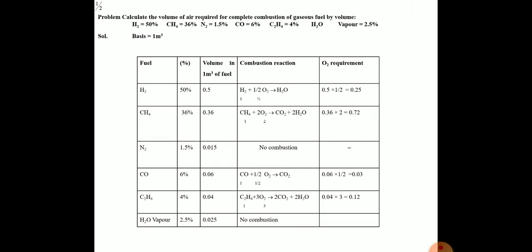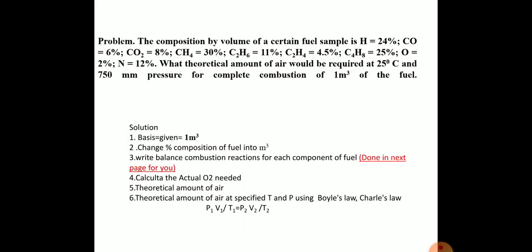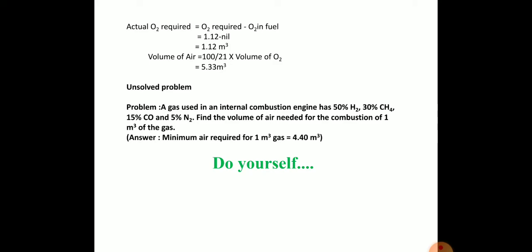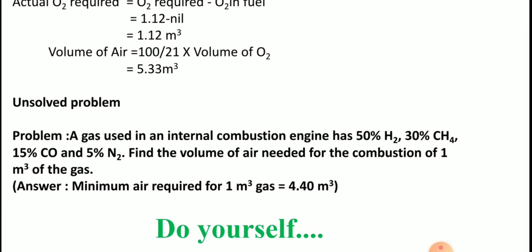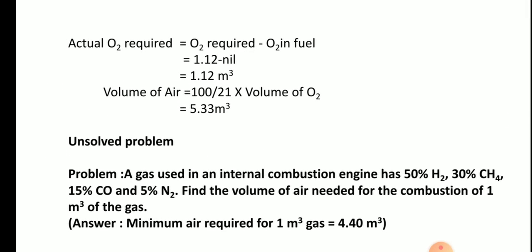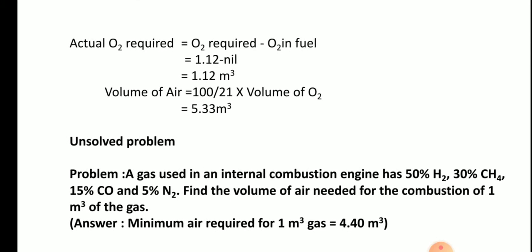After the oxygen requirement, in the last column, the total oxygen required by this fuel is calculated, and it is given by the formula: actual oxygen required is equal to oxygen required by fuel minus oxygen present in fuel.